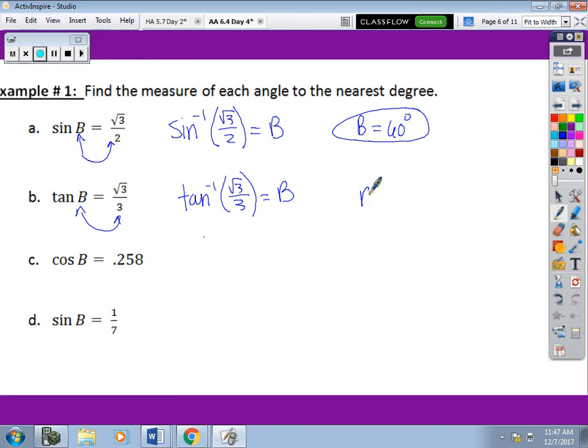You should get B is 30. Go ahead and try the next two. It does say round to the nearest degree, which means the nearest whole number.